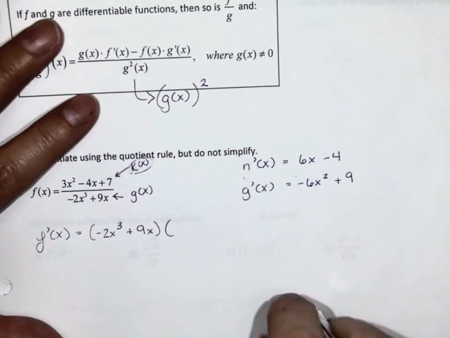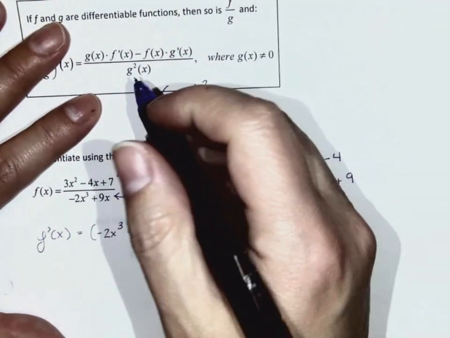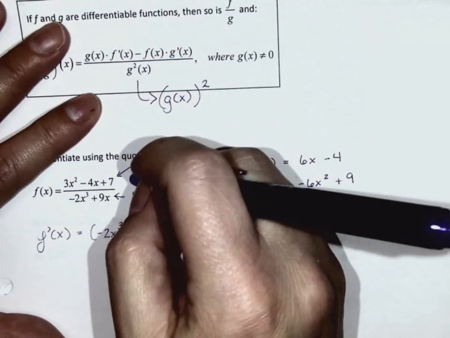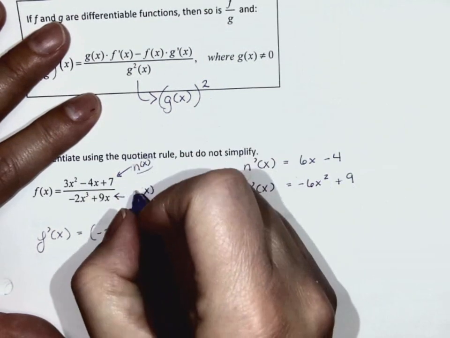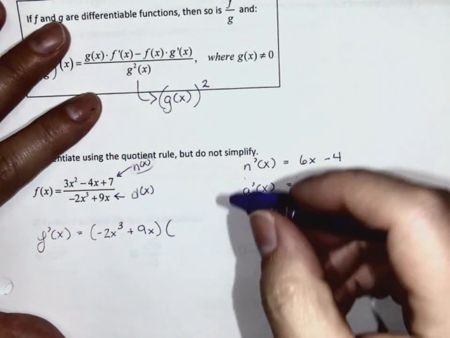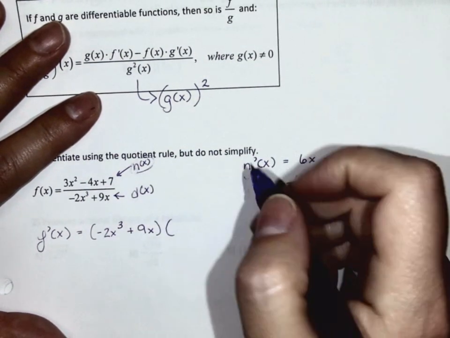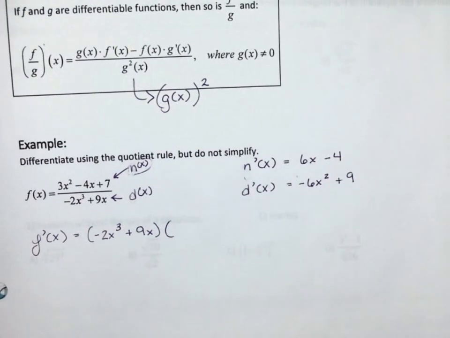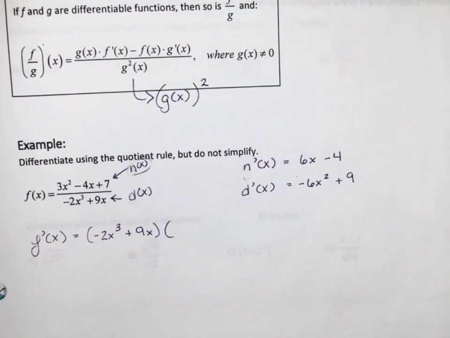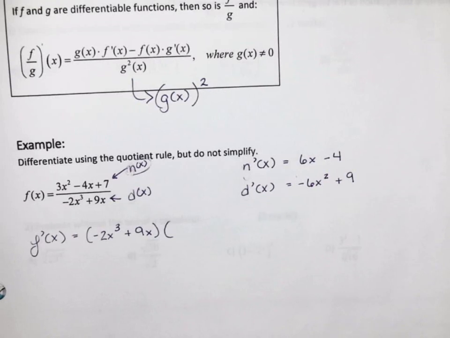Why don't we call the numerator n of x, and the denominator d of x, for numerator and denominator? That would be helpful. I don't know why I didn't think of that before.